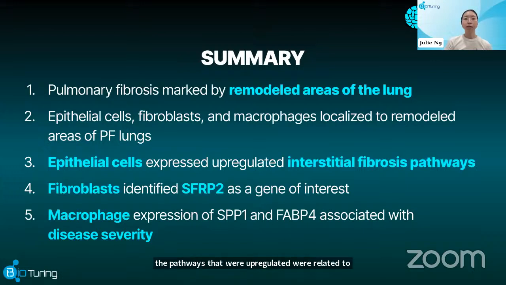In our fibroblasts, we identified a particular gene of interest, SFRP2, which could be used in further analysis. And then in our macrophages, we found this particular expression of SPP1 and FAB4, and this could be associated with the severity of the disease.